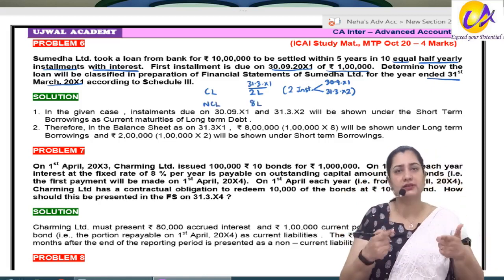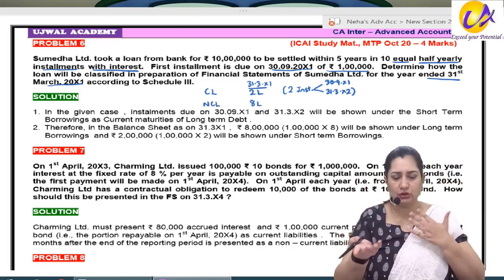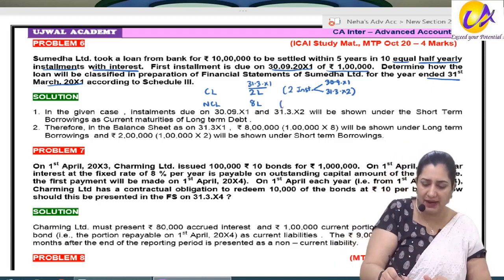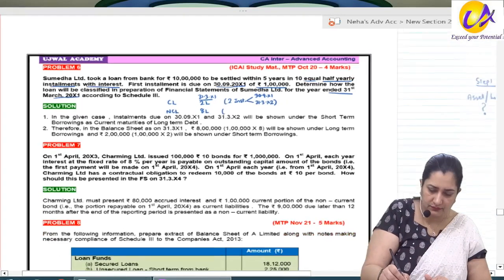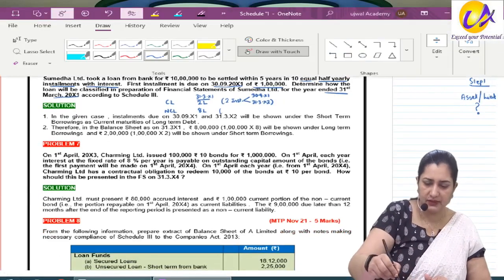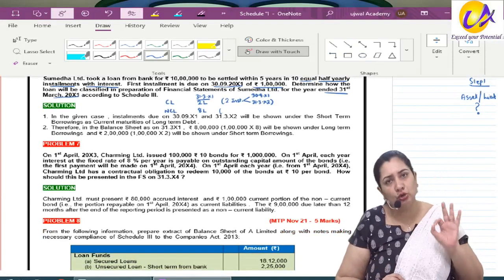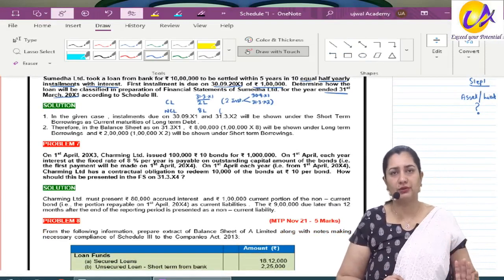Total 10 lakh is the loan. So 2 lakh is current, so remaining is non-current. 8 lakh will be the balance amount. Write the balance amount. You can write in your notebook also, okay?